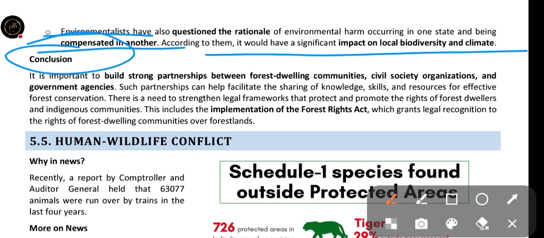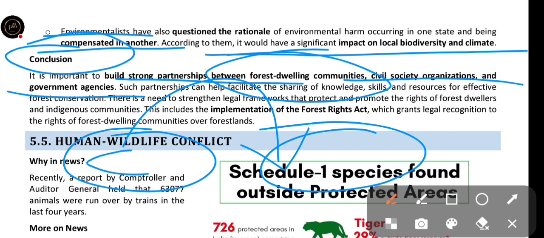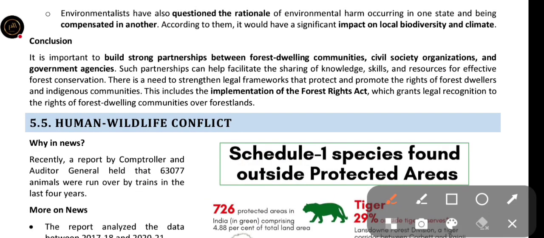And these rules can be concluded through some points. It is important to build strong partnerships between forest dwelling communities, civil society organizations and government agencies, because these forest dwelling communities inhabit these forests and have a symbiotic relationship with them. So the government should protect these forests as well as the communities through permission or through the conservation of these forests.